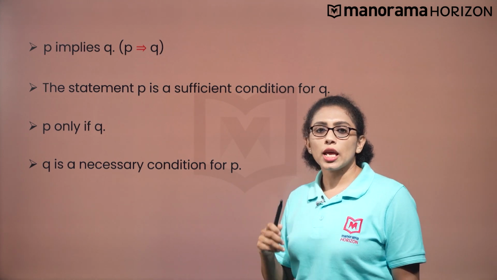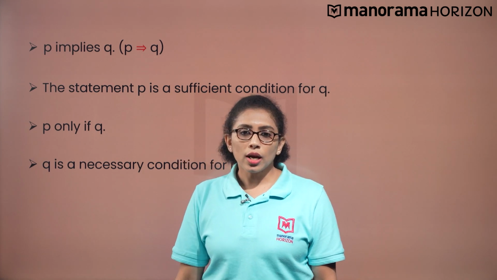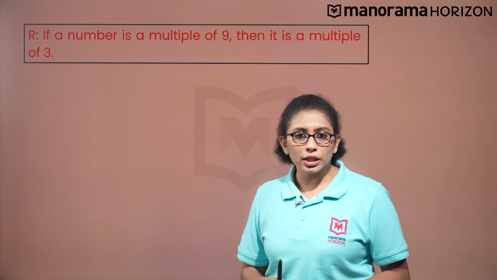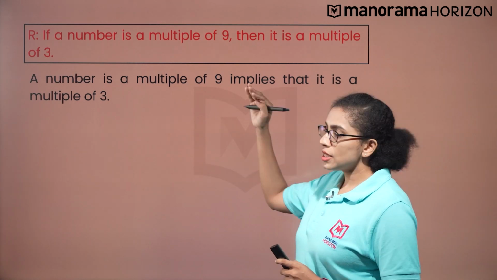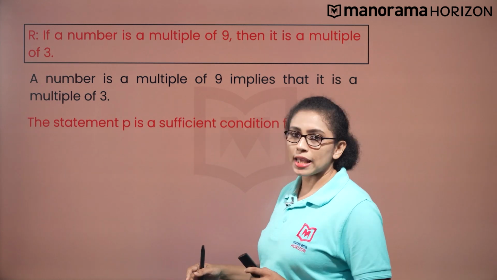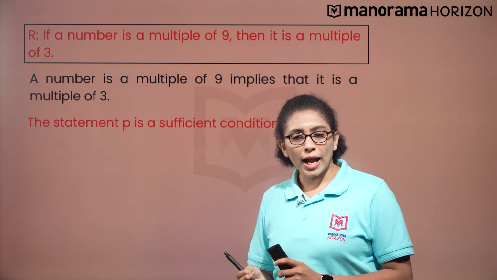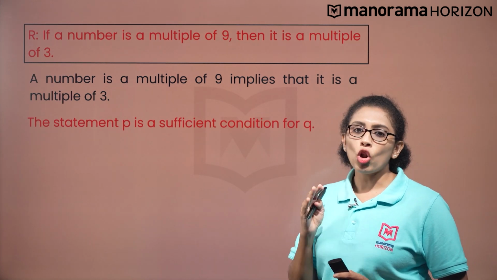We can discuss all these forms through an example. Consider a statement which we have seen before. If a number is a multiple of 9, then it is a multiple of 3. With respect to the first form, the given statement means a number is a multiple of 9 implies that it is a multiple of 3.